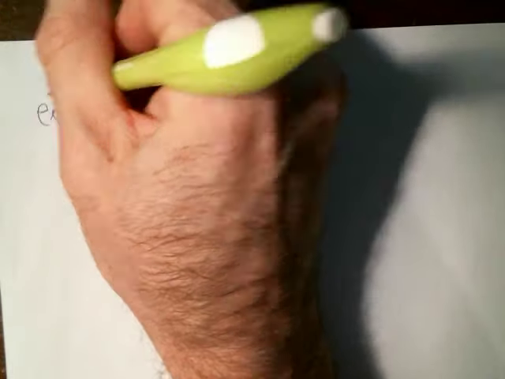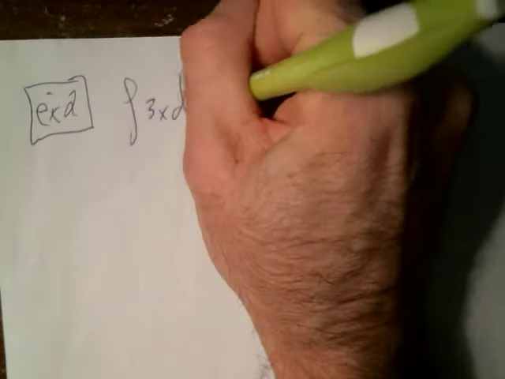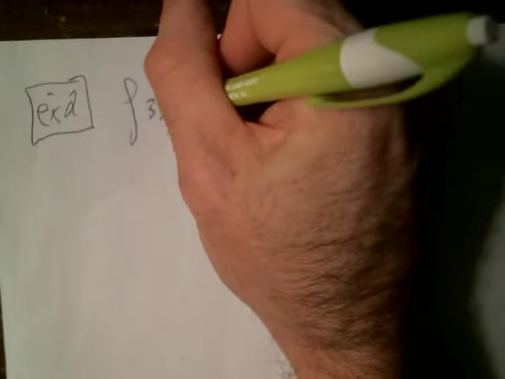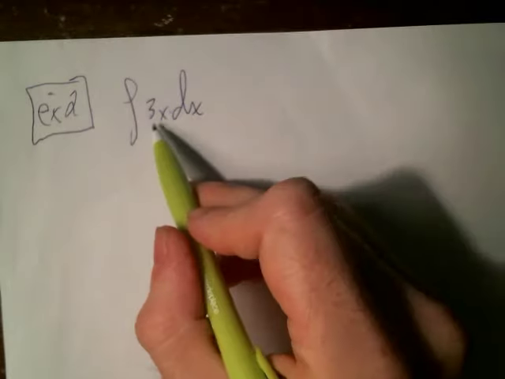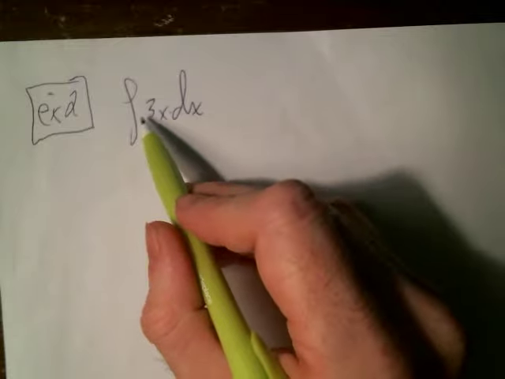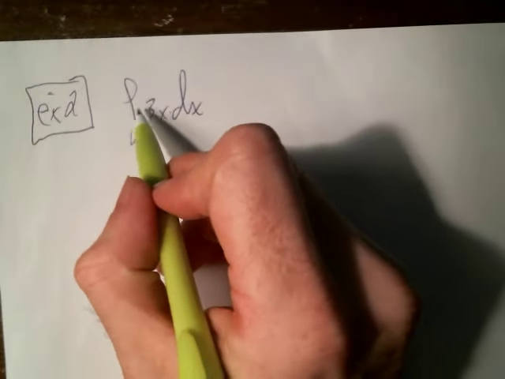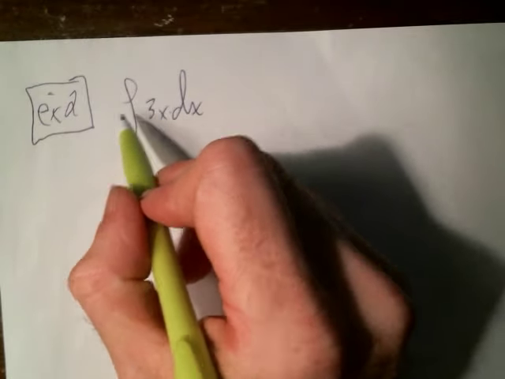Here we have example 2, the integral of 3x dx. You can think of these integrals as a product of things: there's a 3 times the x times the dx. You don't want to put the dx in front or anything like that, but other than that, you can factor things, and you can factor constants out of the integral, so long as they're not dependent on x.